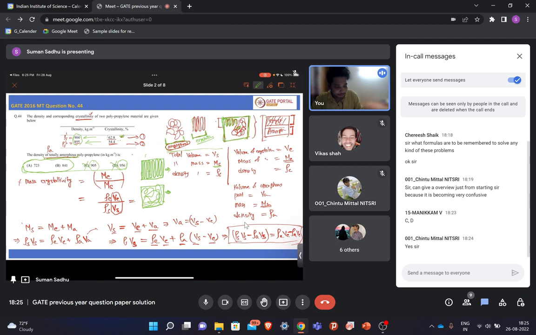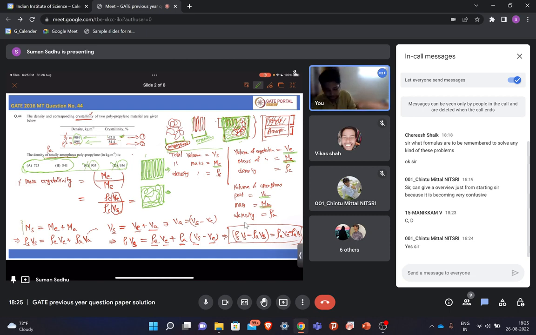The total mass of this block is Ms, and let's say this part is the crystalline part, this regular arrangement. The volume of this part is Vc, the mass is Mc, and the density is rho c. And let's say the other part is arranged randomly and is the amorphous part of this polymer block. The volume of this part is Va, the mass of this amorphous part is Ma, and the density is rho a.